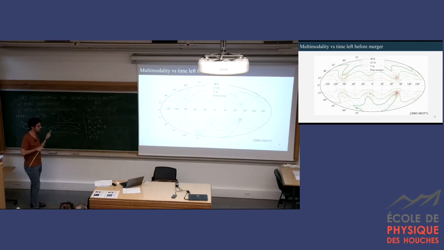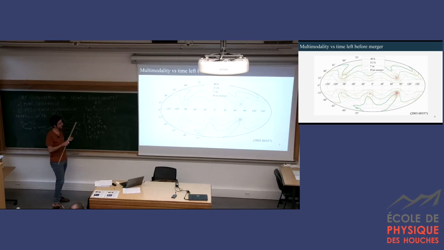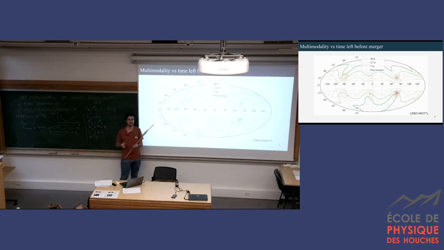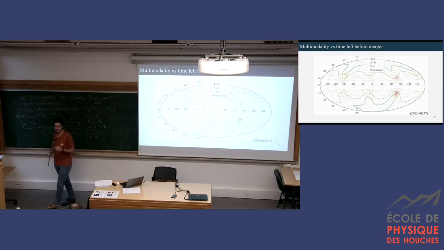So the message from that is that all the systems appear multimodal during the spiral, which is a serious complication whenever you want to look for an electromagnetic counterpart, as I will tell you shortly. But if you take the correct range of masses, you end up with a nice sky localization of 1/10 square degree, let's say.